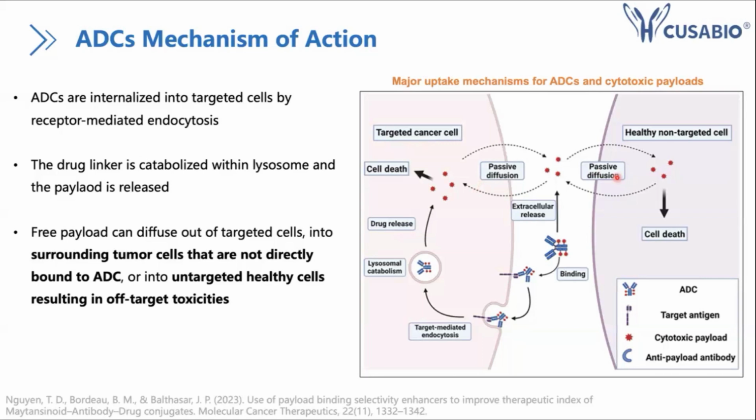If the payload gets into the tumor cells, it causes the bystander effect, meaning that even though the target antigen is not expressed on those cells and the ADC does not directly bind, it will still cause the tumor cells to die. The bystander effect is really important to increase the efficacy.